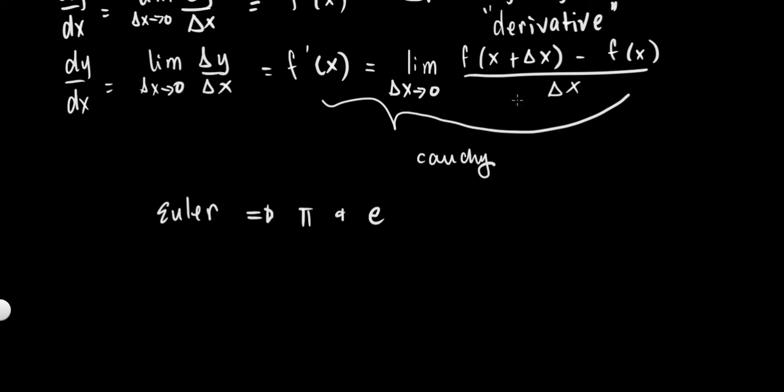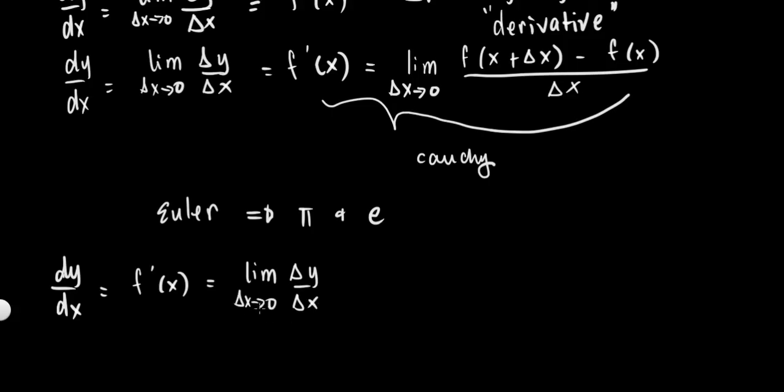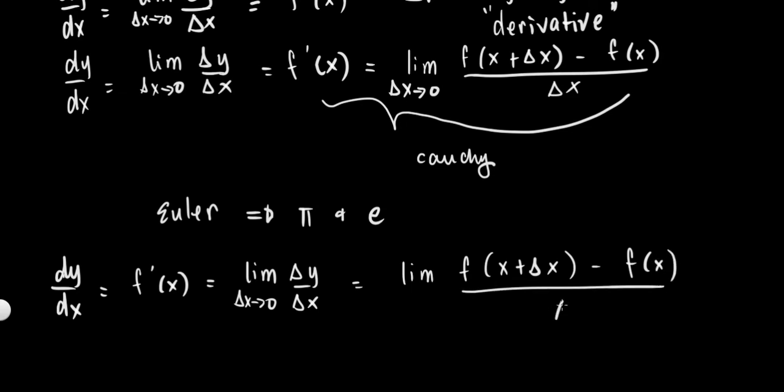Okay, so let's rewrite this. So we have dy over dx is equal to f prime of x or y prime is also equal to the limit of delta y over delta x as delta x approaches 0. Also equal to the limit of f of x plus delta x minus f of x all over delta x as delta x approaches 0.